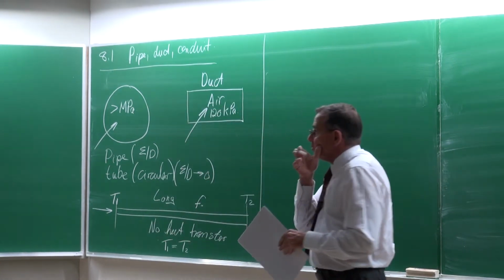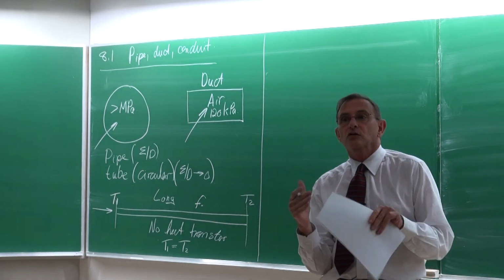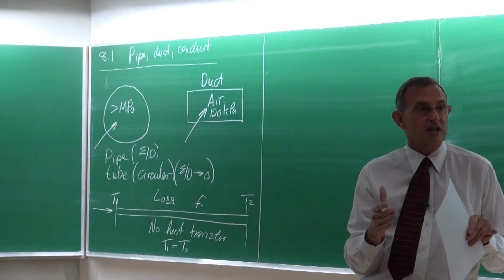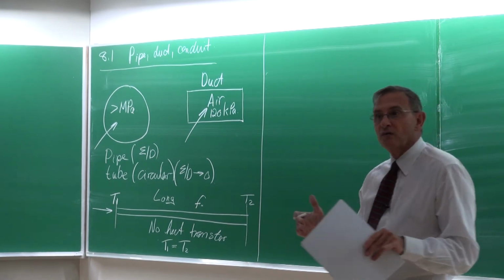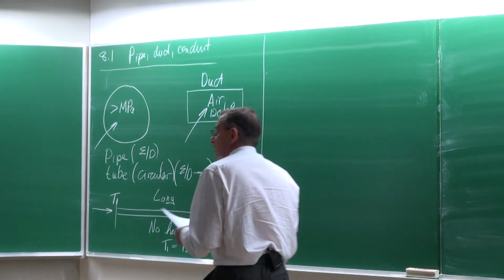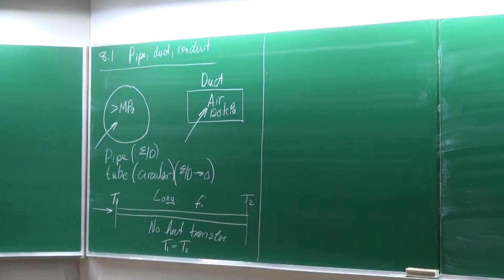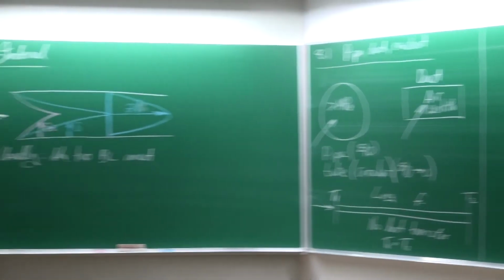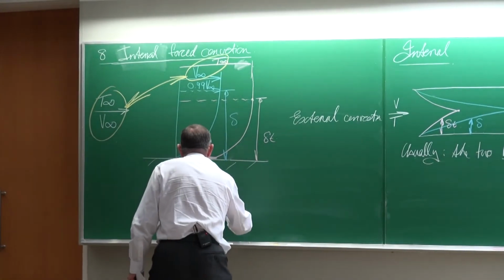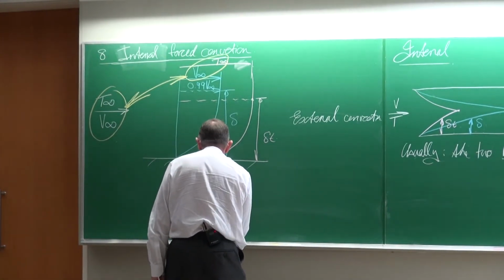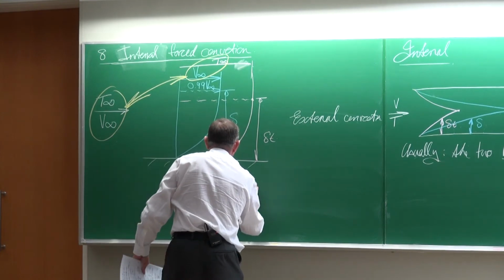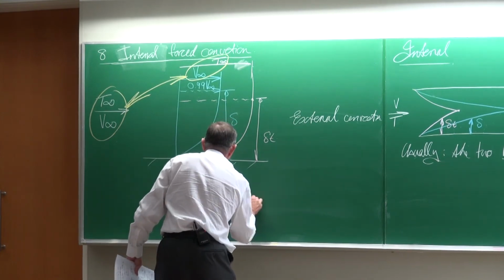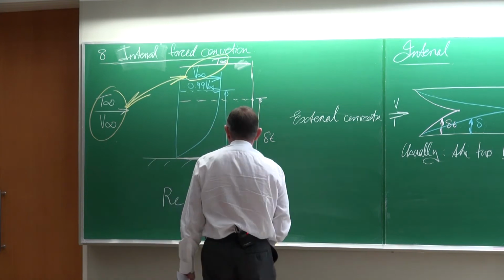Okay, so you've already seen that to know what the flow regime is, laminar, transitional, or turbulent, we make use of the Reynolds number. For external flow, the Reynolds number is equal to rho, V infinity, multiplied by a characteristic length, divided by the viscosity.